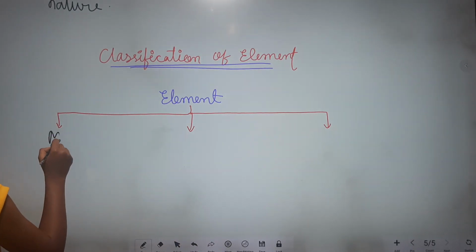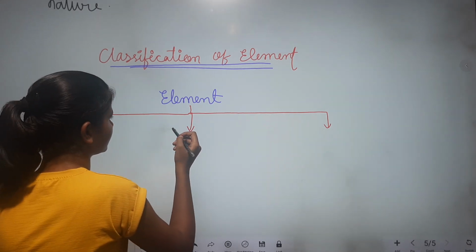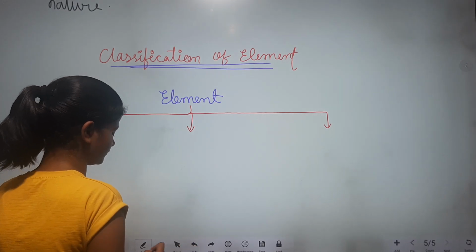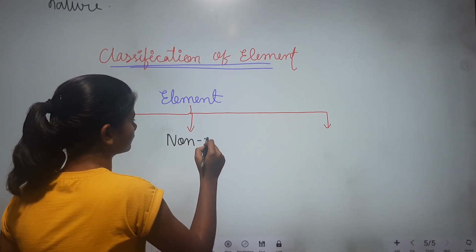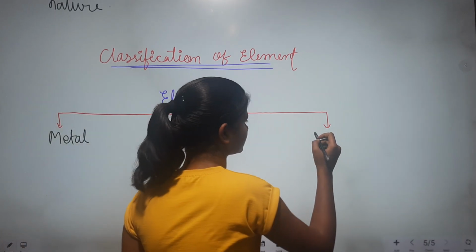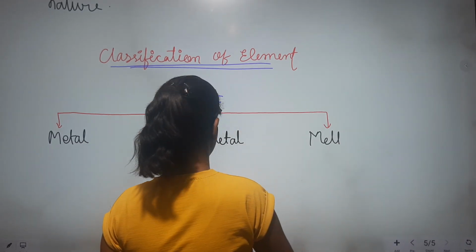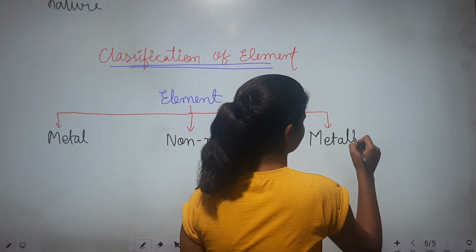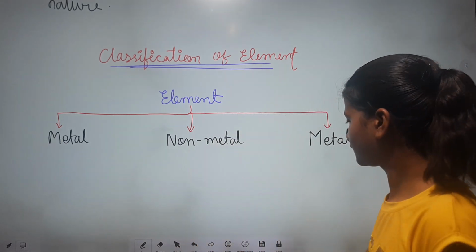First one is metal. The second one is non-metal. And the last one is metalloids.